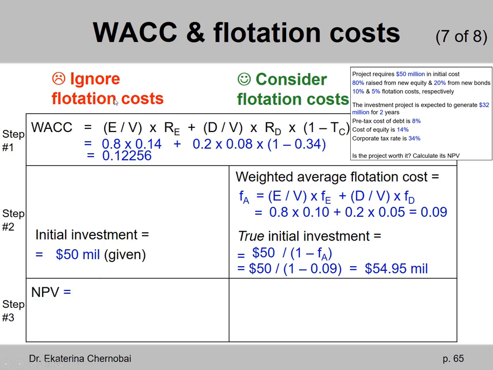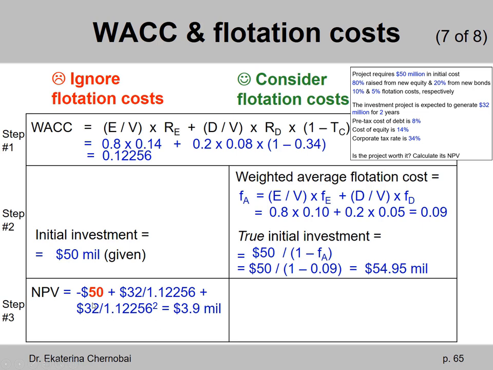So if we ignore the flotation costs, then the net present value would equal minus 50 million plus the first year's cash flow, $32 million, discounted using the WACC as the discount rate, so divided by 1 plus 0.12256.